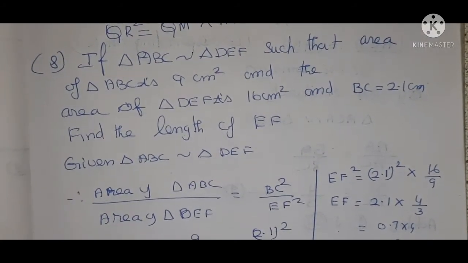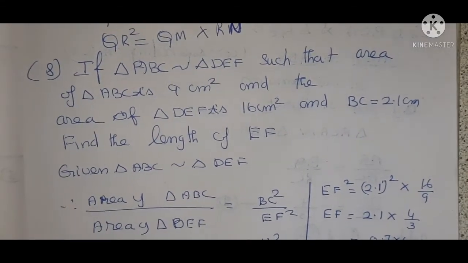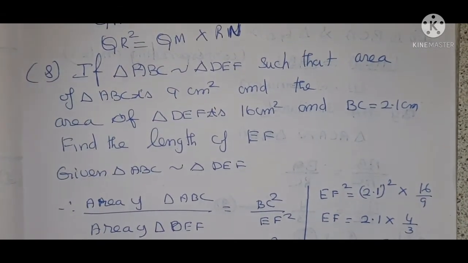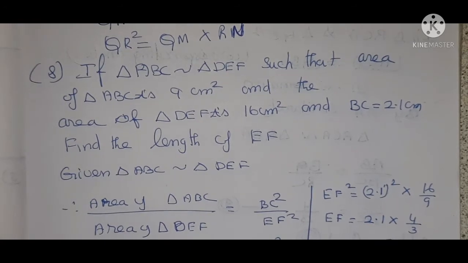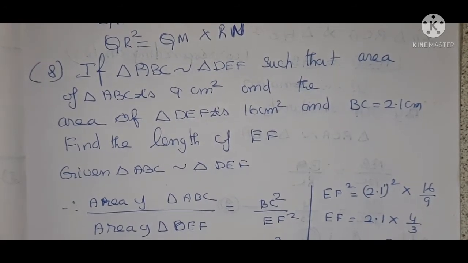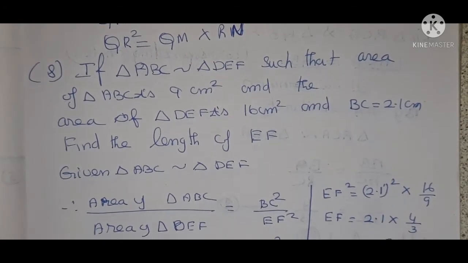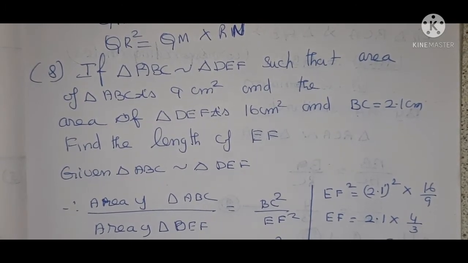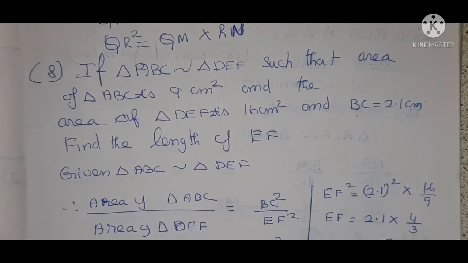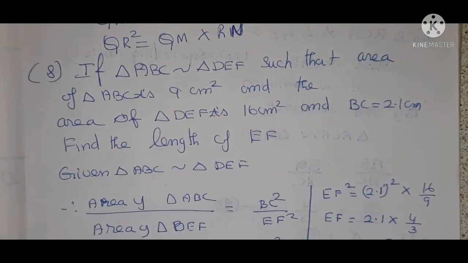If triangle ABC is similar to triangle DEF, such that the area of triangle ABC is 9 cm square and the area of triangle DEF is 16 cm square and BC is 2.1 cm, find the length of EF. Here two triangles are given, triangle ABC and triangle DEF.